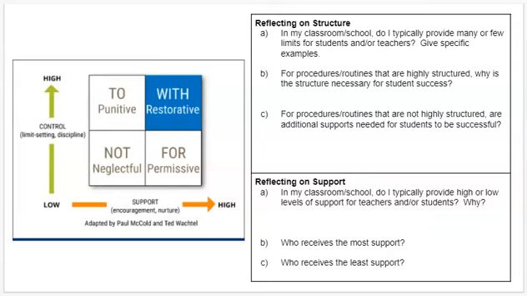If you've got routines and procedures in the "not" box, are there additional things that could be used that are needed for students to be successful? This is really you reflecting on the structure that is in your classroom and within your system. So put this on pause and do your reflecting.